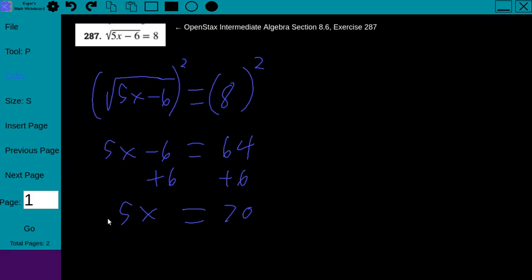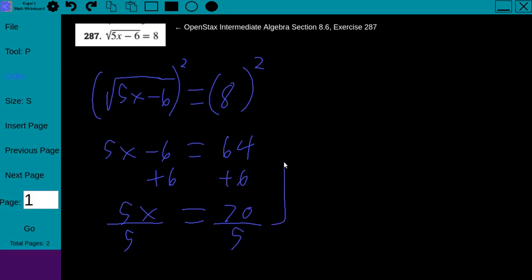All right, so now how do we proceed from here? Well, what's happening between the 5 and the x? It's multiplication there. So what's the opposite of that operation? The opposite of multiplication is division, of course. So we will divide both sides of this equation by that 5 that we don't want there. And this ends up just being x.